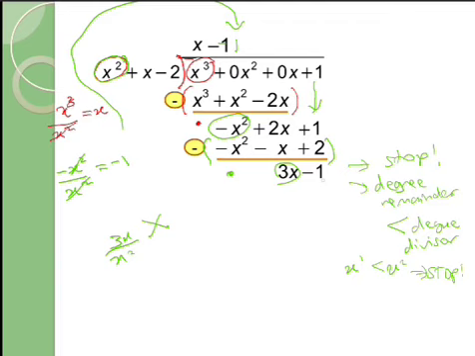This is our remainder. So remember, whenever the degree is still equal to or greater than the divisor degree, you still have to do the long division. But when the degree of the remainder is less than the degree of the divisor, you have to stop.